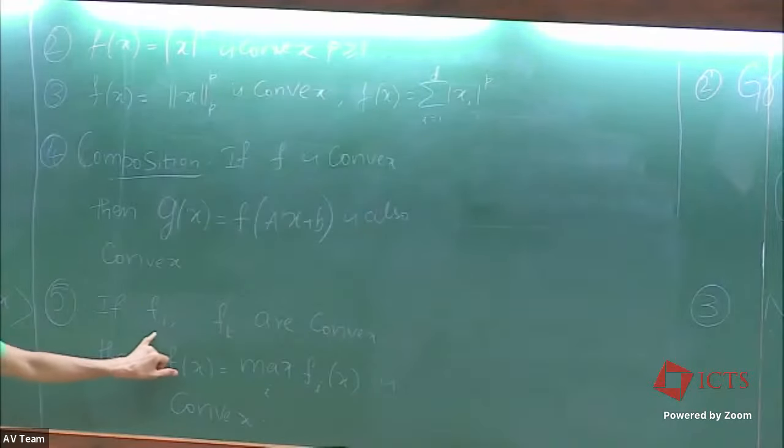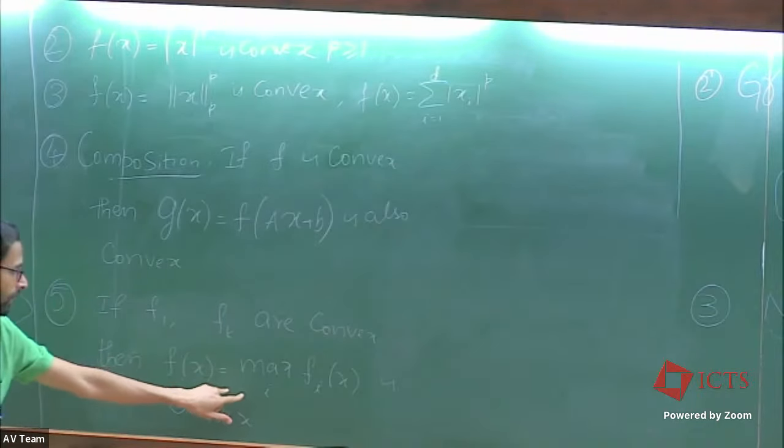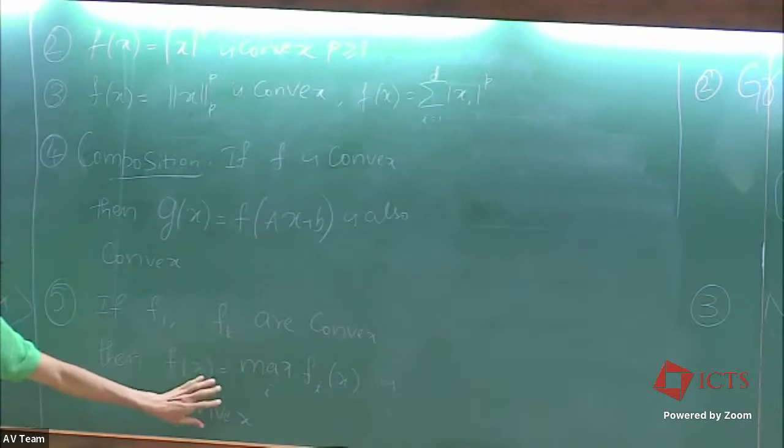So this basically says that if you have k different functions f1, f2, all the way up to fk, each of which is convex, then their maximum, which is defined to be this function f, the max over i of fi of x, is also a convex function.